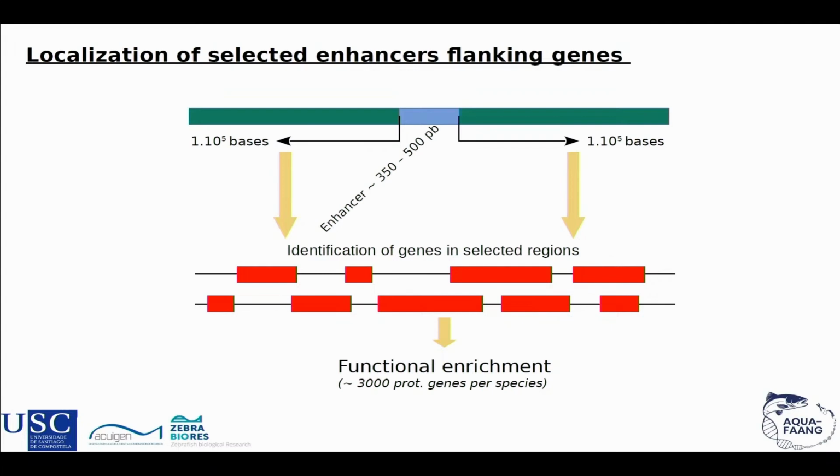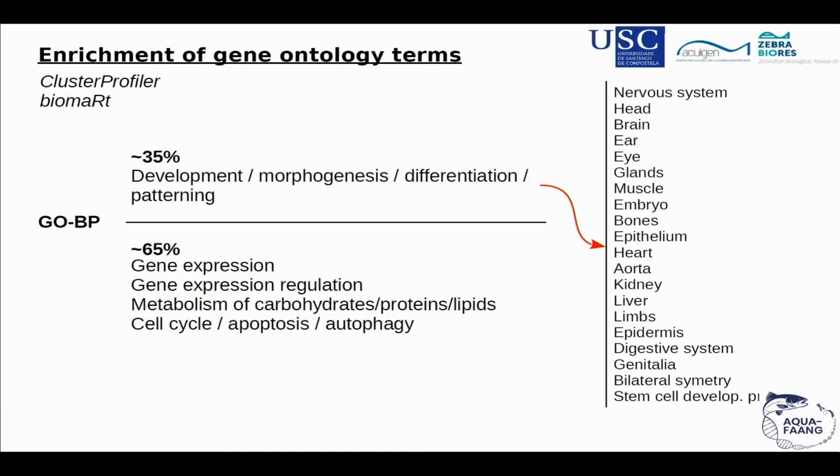With those, which were approximately between 2,900 and almost 4,000 proteins in each species, we performed functional enrichment, and we observed that about 35% of the genes around these regions coded for development, morphogenesis, differentiation, and patterning, with a lot of tissues and organs represented in these terms.